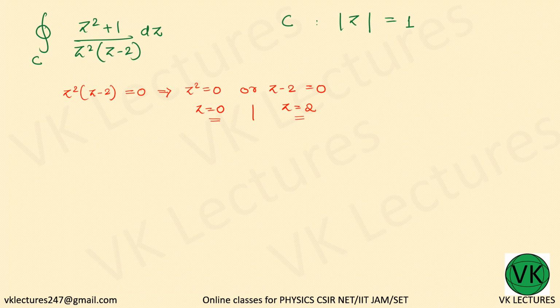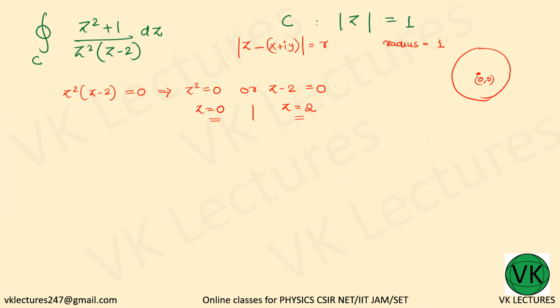Now here the radius is given to be equal to 1, which means the pole should be within the radius, so z equal to 0 is inside. z equal to 2 means it is outside the radius. So if this is the circle, this is the center, which is 0, 0 according to the question, because how do you define the circle? z minus x plus iy equal to the radius.